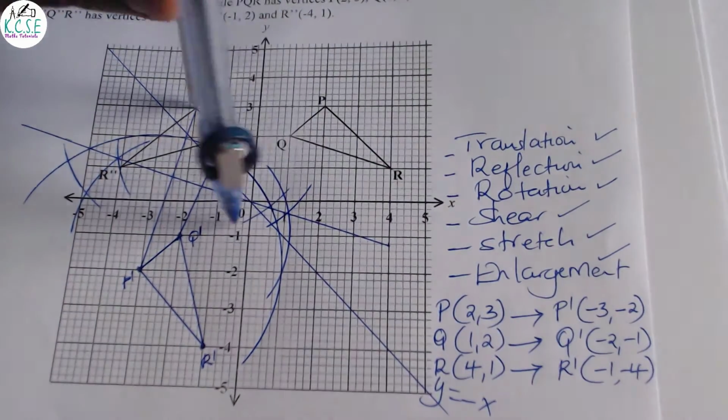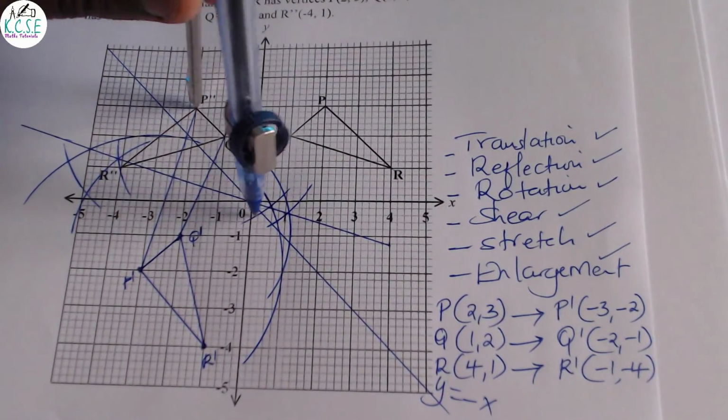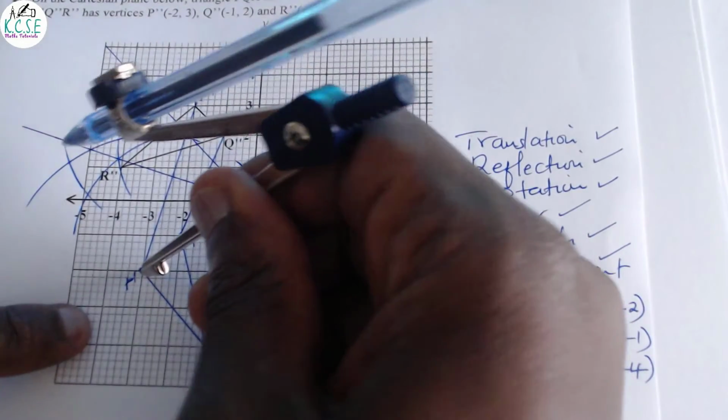There are so many arcs here, so you can see where they are intersecting. You can see this point of intersection here, and the other point is here.